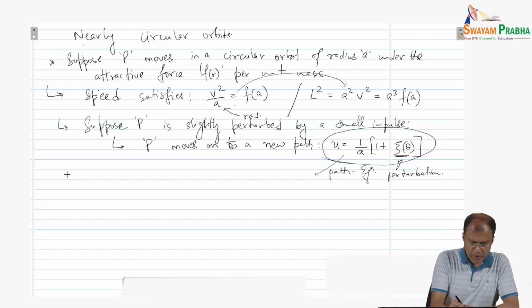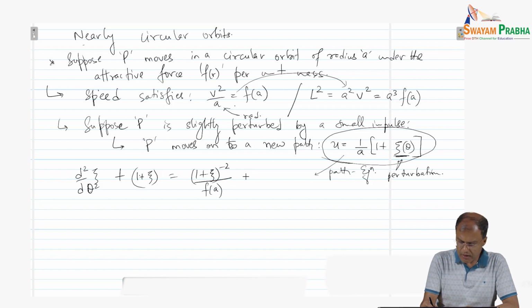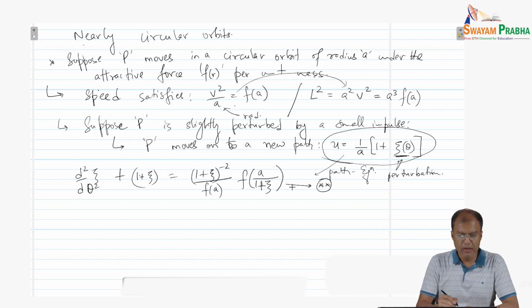I see that my path equation for zeta is as follows: d square zeta by d theta square plus 1 plus zeta is equal to (1 plus zeta) to the power minus 2 divided by f of a times f of a by 1 plus zeta. So this is my path equation for the perturbation zeta. Let me call this double star.